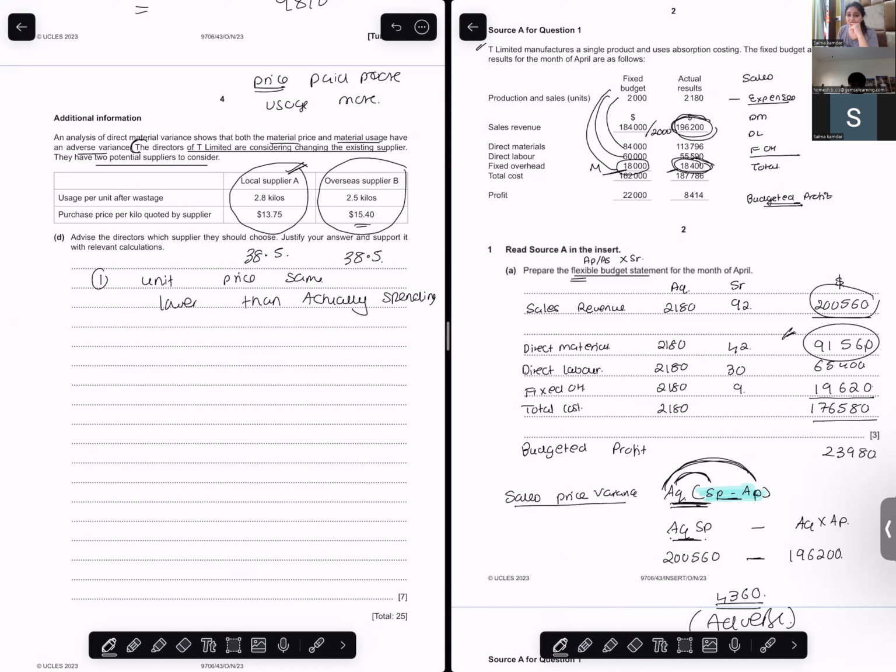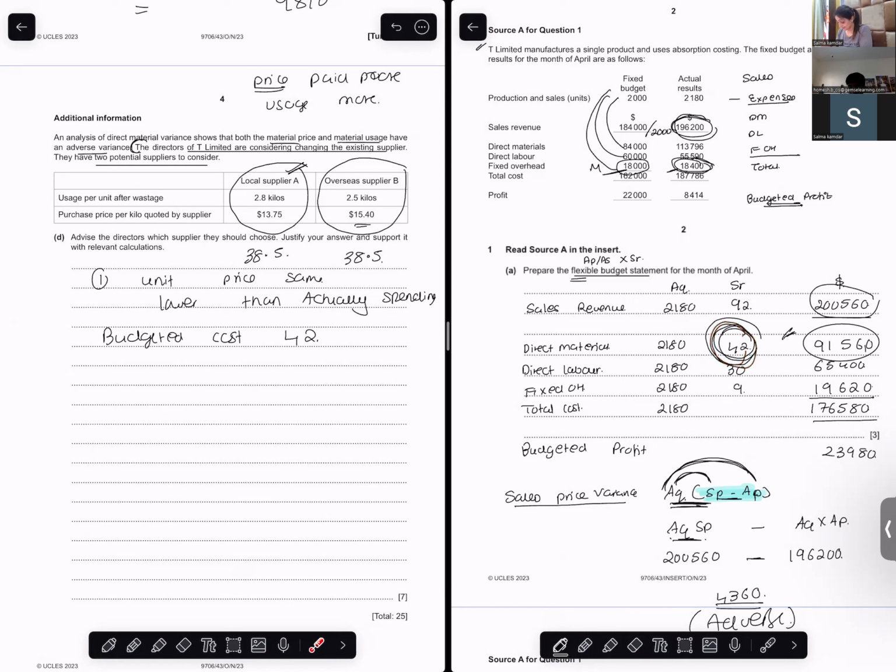What you're actually spending? Right now our material comes up to 113,796. Budgeted cost per unit is how much? Budgeted is 84,000, per unit 42.